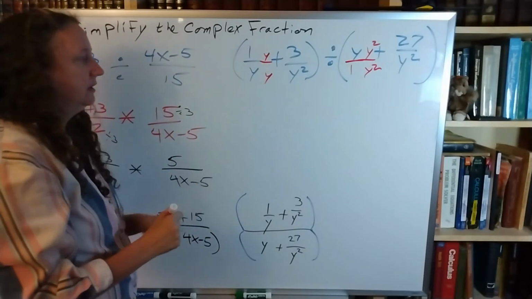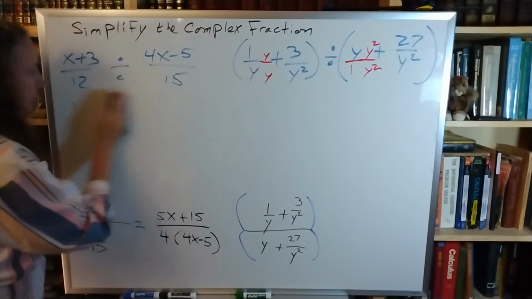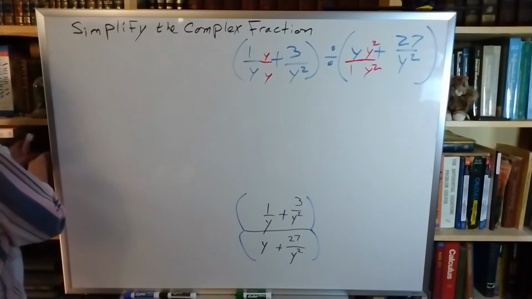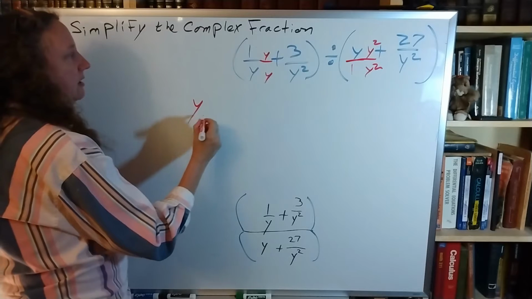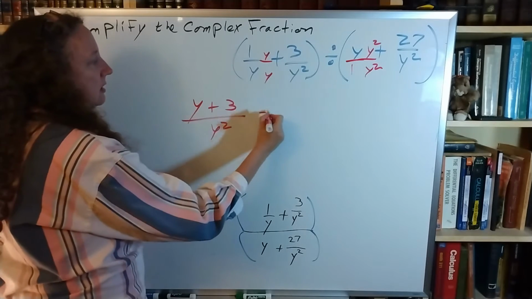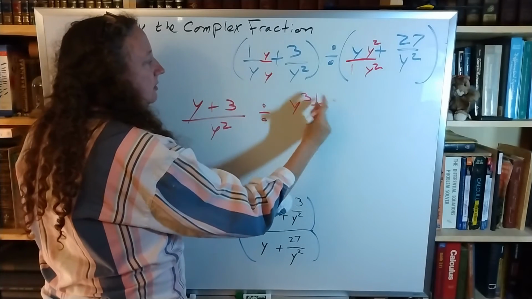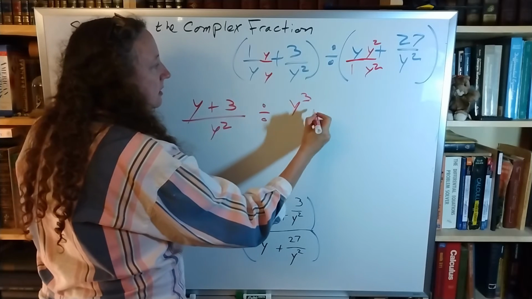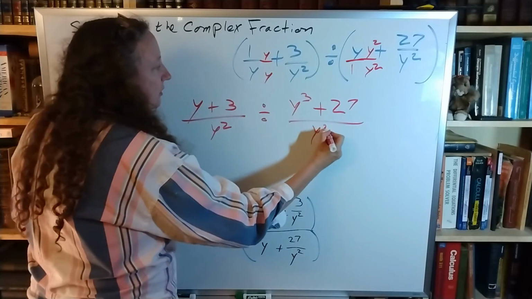So now I'm going to rewrite this. And I am going to erase the rest of the board so I have the extra space. So I have y plus 3 over y squared, divide by y cubed plus 27 over y squared.